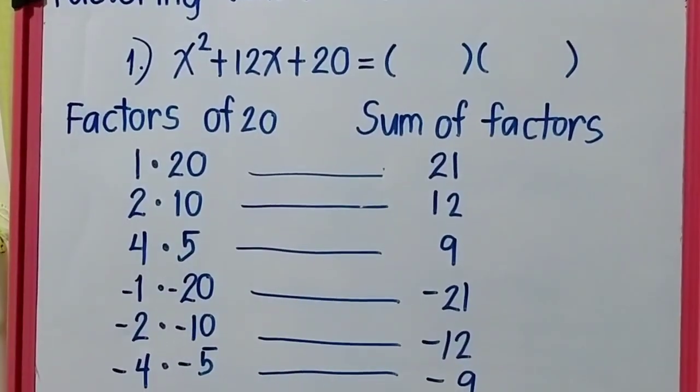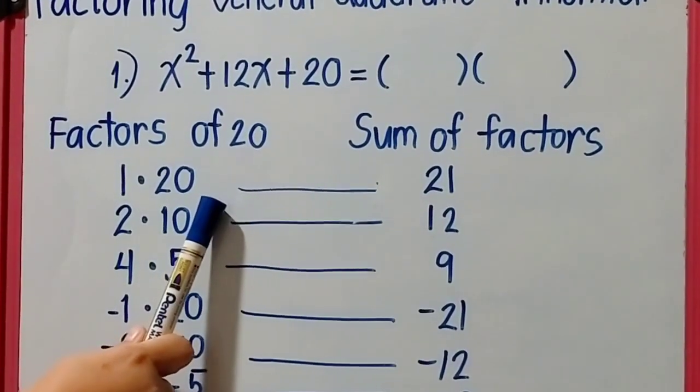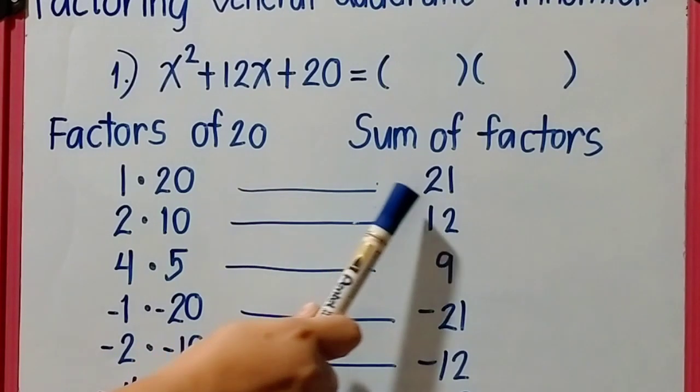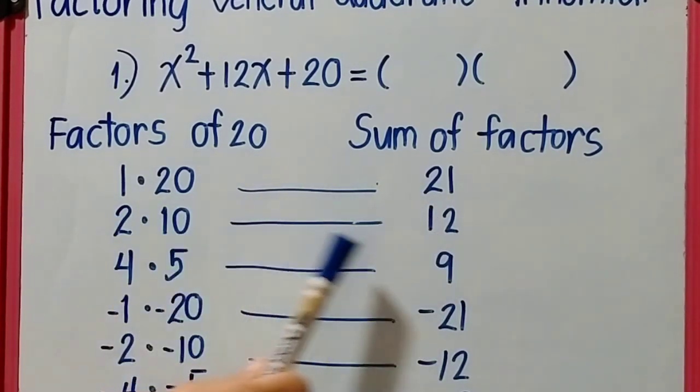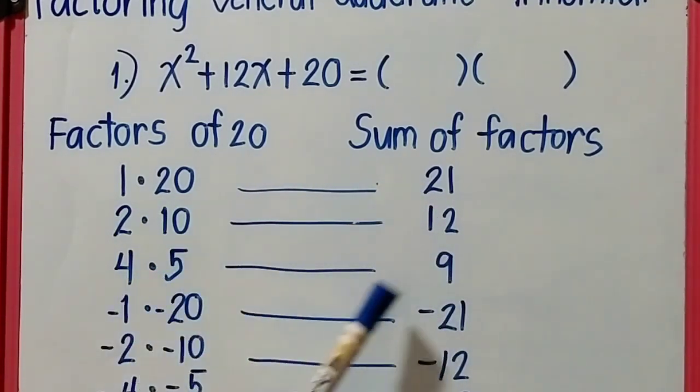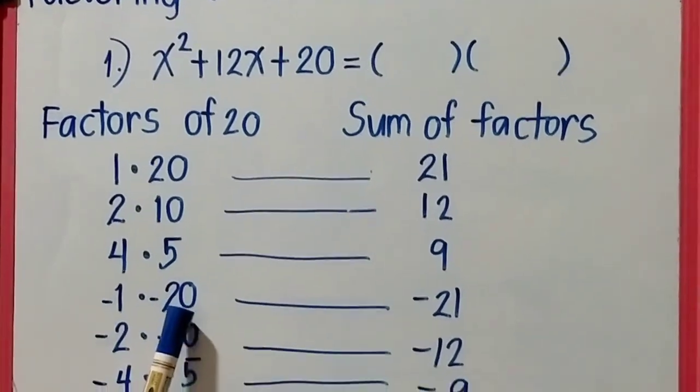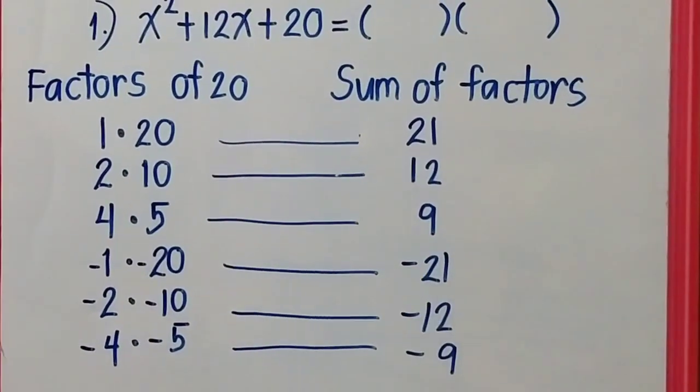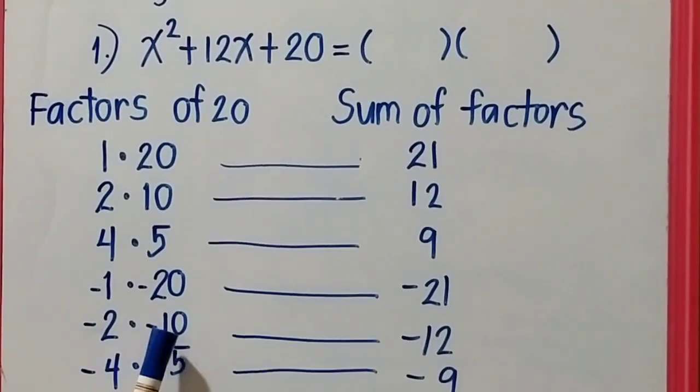So as you can see, if we're going to get the sum of the factors of 20, 1 plus 20 we have 21, 2 plus 10 is 12, 4 plus 5 is 9, negative 1 plus negative 20 is negative 21. Negative 2 plus negative 10 is negative 12. Negative 4 plus negative 5 is negative 9.